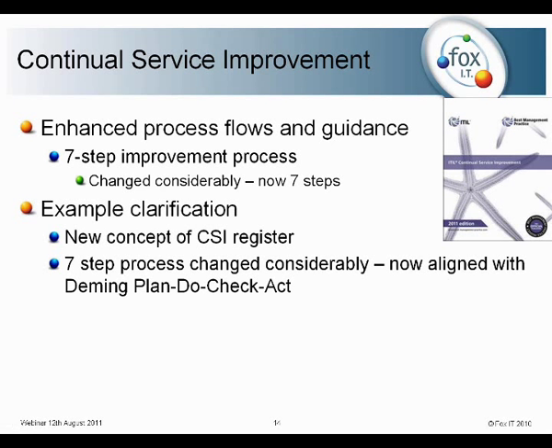We've embedded it within the Deming Plan, Do, Check, Act cycle, as well as within knowledge management. And we've also shown how it works with what was called the CSI model previously, now the CSI approach. Where are you now, where do you want to be, and how do you get there, etc. So we brought them together to try to show how they all fit together.